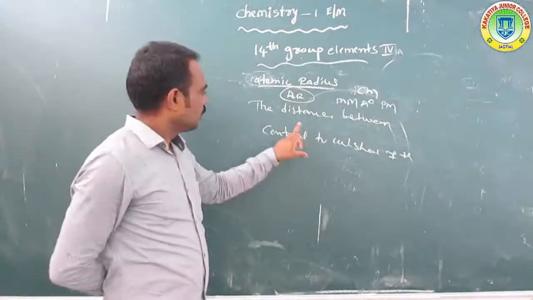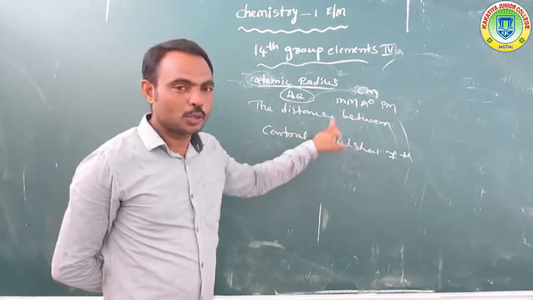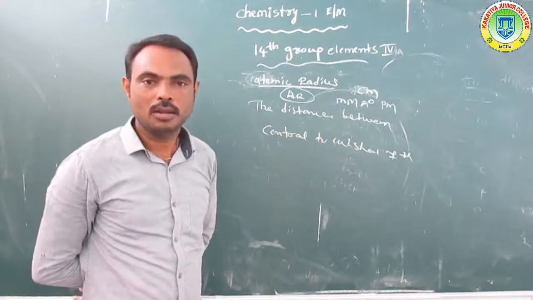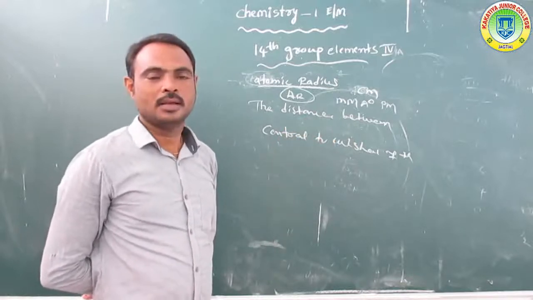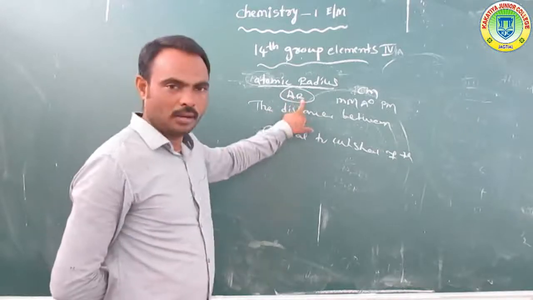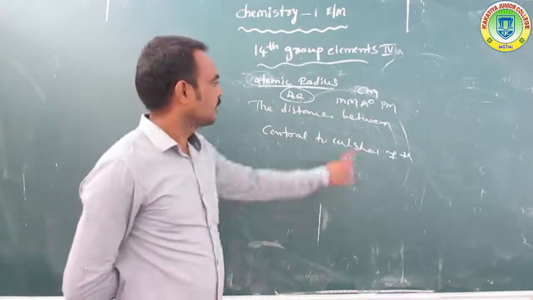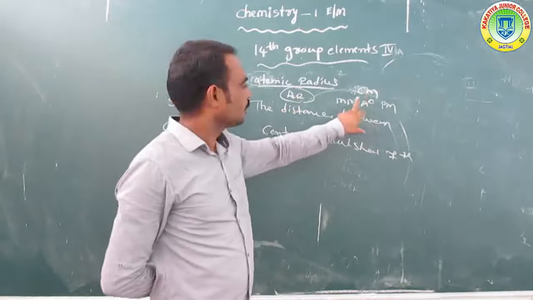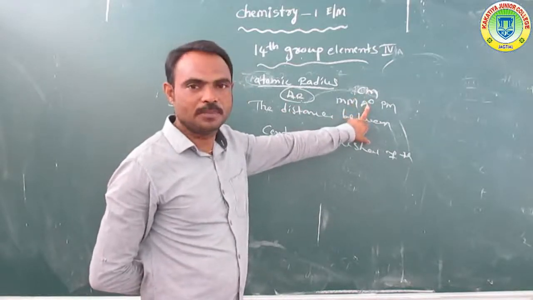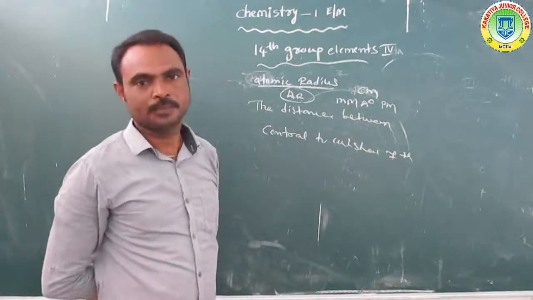Listen, the distance between the center and the outer shell of the electron is called atomic radius. Atomic radius is indicated with AR. The units of atomic radius are centimeters, millimeters, angstrom units and picometer units.